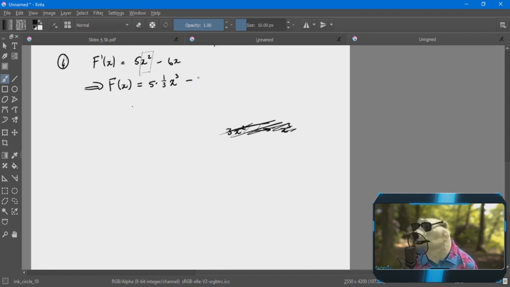Same with the 6x here. I don't like the 6. If it was a 2x, then great, the 2 is a part of it, because x squared would perfectly give me 2x as a derivative. But it's not, it's a 6. So I focus on the essence of the function, which is x, and the 6 can stay in front, out of this.